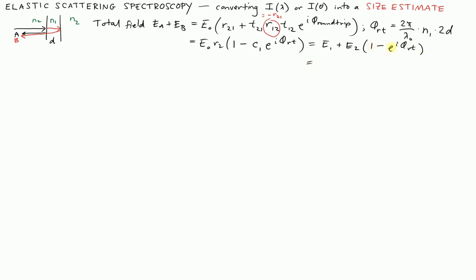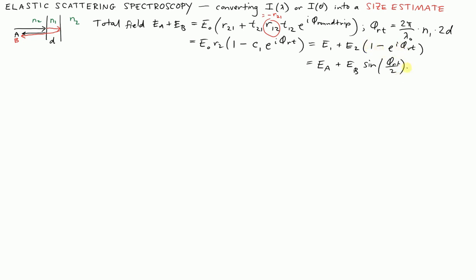And I can rewrite that even further. I'll just skip a few steps for converting 1 minus e to the i phi RT into a sine term. I'll write this expression now as EA, the constant, and some amount of EB times the sine of phi round trip over 2. That's what this turns into.